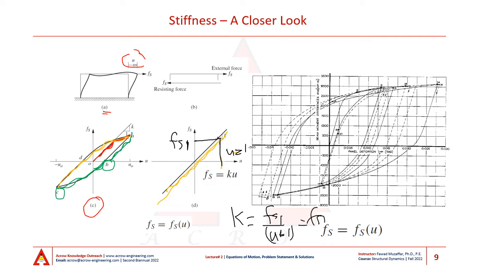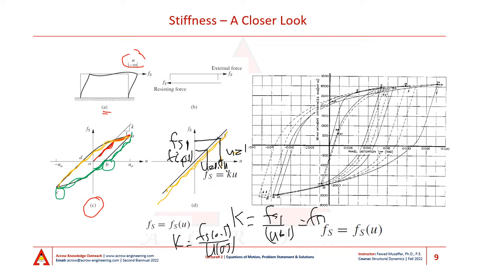Similarly, I can utilize any other point on this linear line. I can have a u value which is less than 1, let's say 0.5, and then I will have fs0.5, and again I can calculate k as fs0.5 over u equal to 0.5.